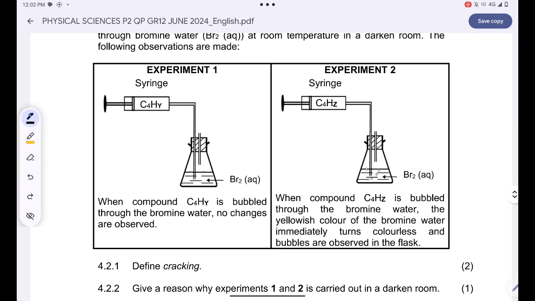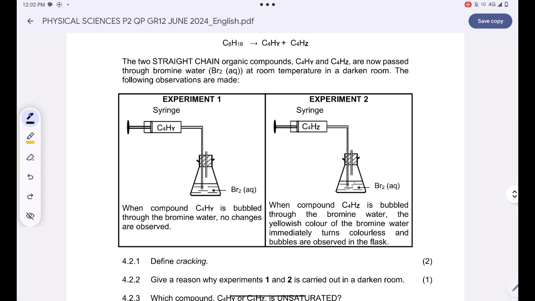Okay. For experiment 1, guys, they are taking C4Hy. They are reacting it with bromine water and they see no change. That means C4Hy is a saturated hydrocarbon. The only saturated hydrocarbon that you can form can be C4H10. Are you together? That will be butane.